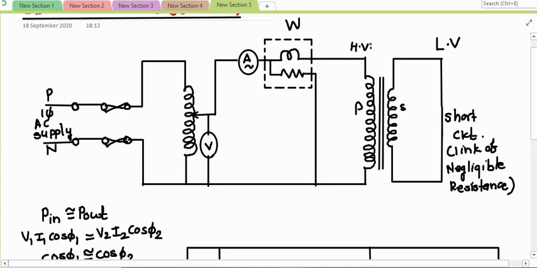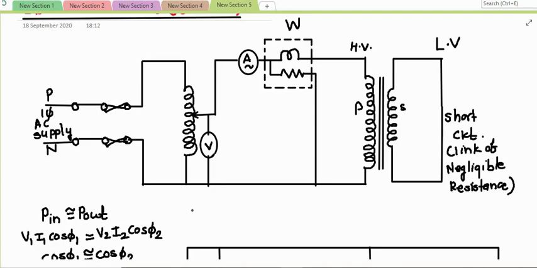So again I will repeat it, as the current on the high voltage side of the transformer is less, it is always convenient to connect the high voltage side to the supply and we have to short circuit the low voltage side.